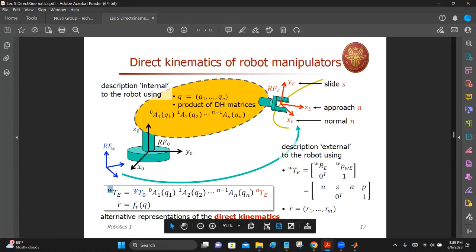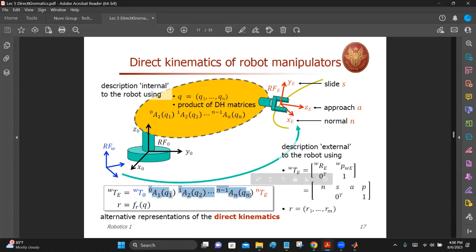Okay, so the first transformation and the last transformation are manually determined, and in between you have n number of homogeneous transformations. They are coming from the joint configuration.